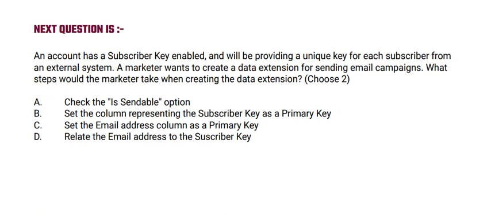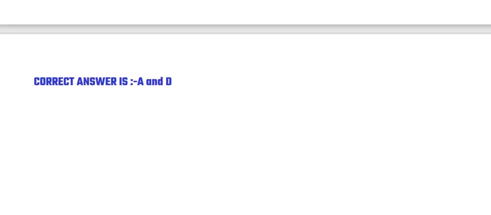Choose two options, and the options are option A, check the is sendable option. Option B, set the column representing the subscriber key as a primary key. Option C, set the email address column as a primary key. And option D, relate the email address to the subscriber key. The correct option is option A and D.